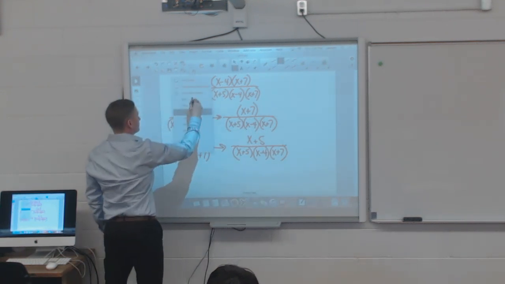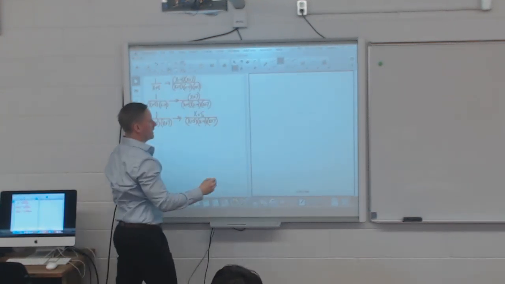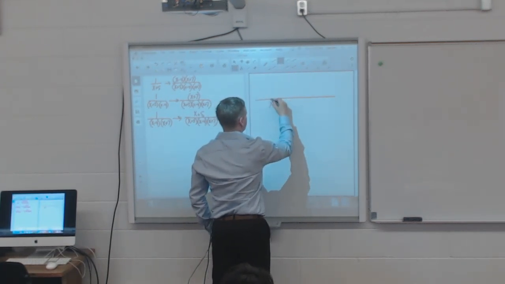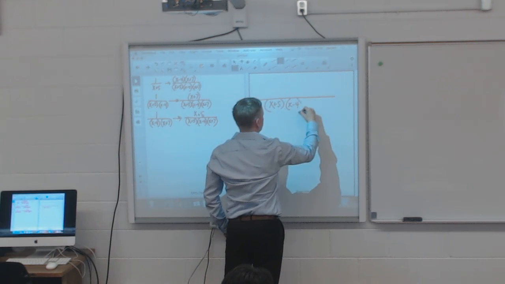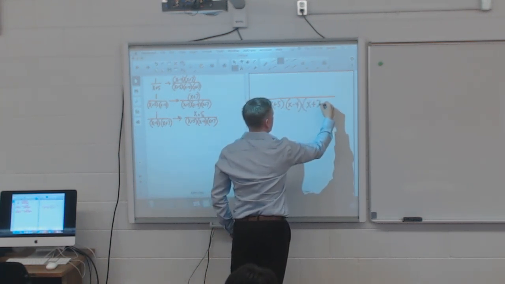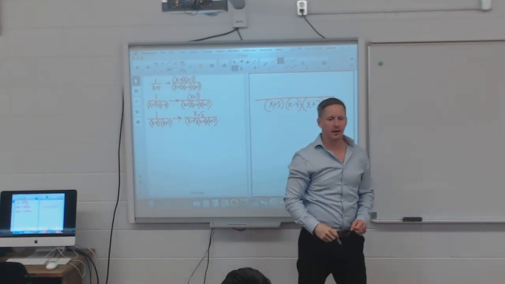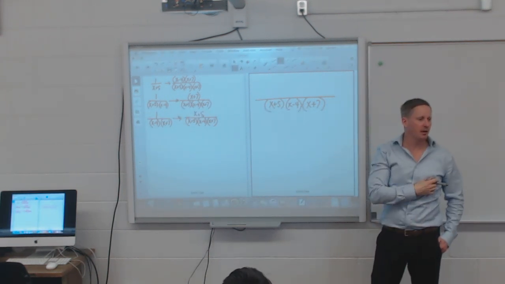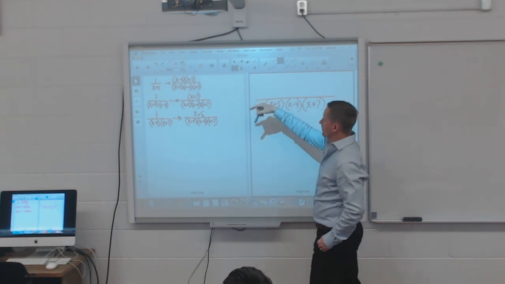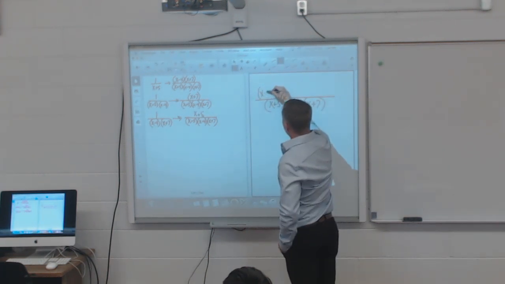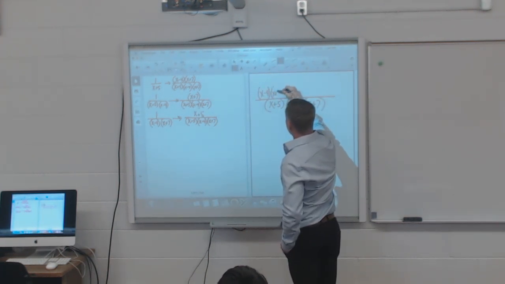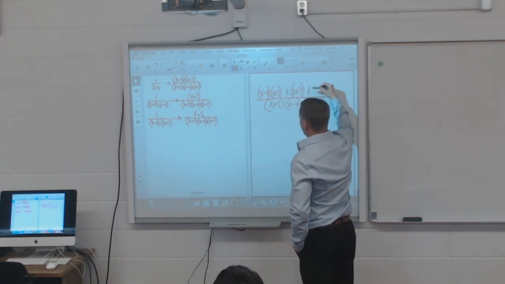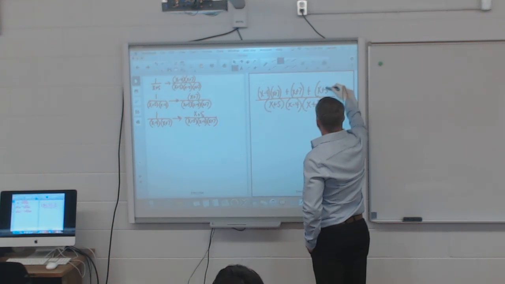So, to go back to what I was doing earlier. I've got all of those three terms over the same common denominator, and then what goes across the top? x minus 4, x plus 7, plus x plus 7, plus x plus 5.